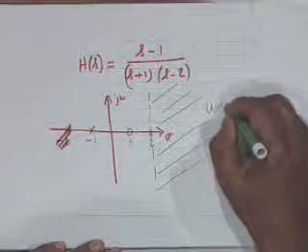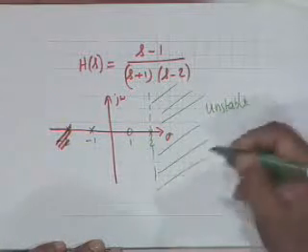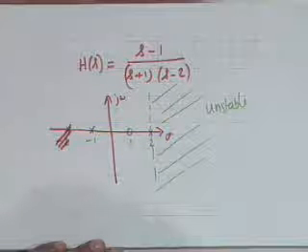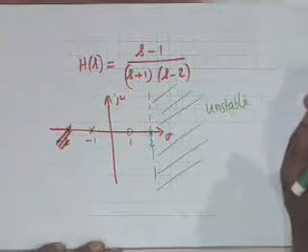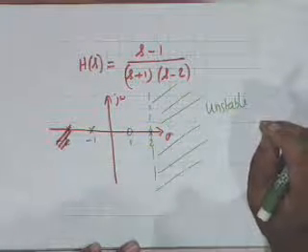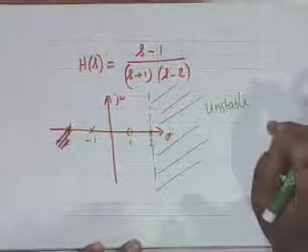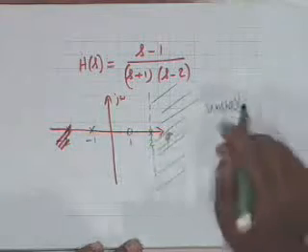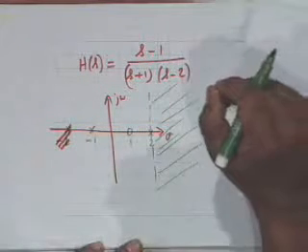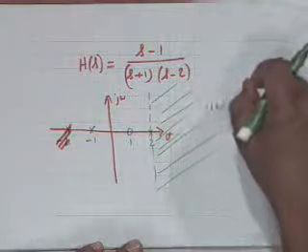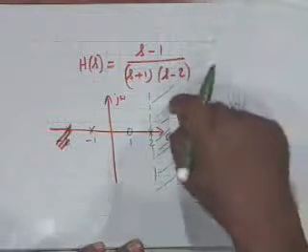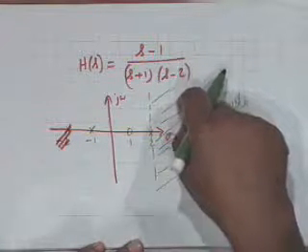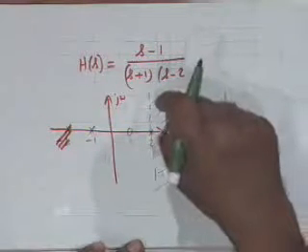It is unstable, first of all, and all you can say, isn't the system causal? We don't know. Well, h of t is right sided, that you know. H of t is a right sided signal. Whether that includes t equal to 0 or not, we don't know.